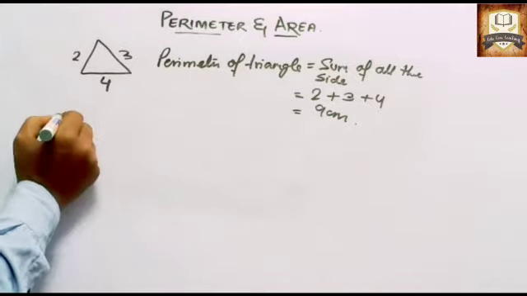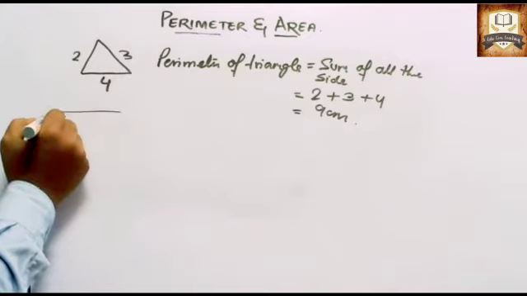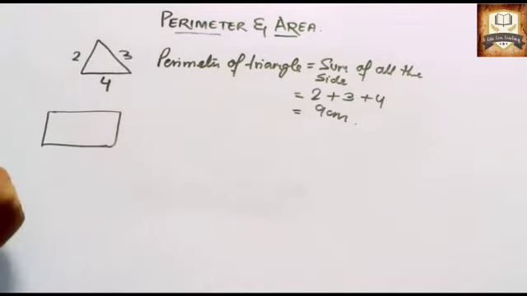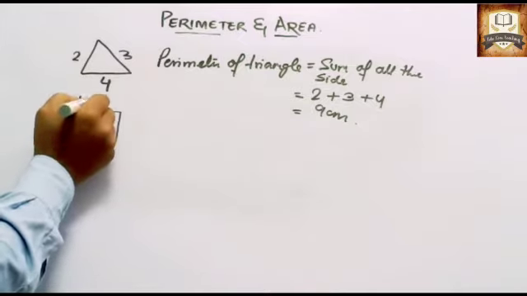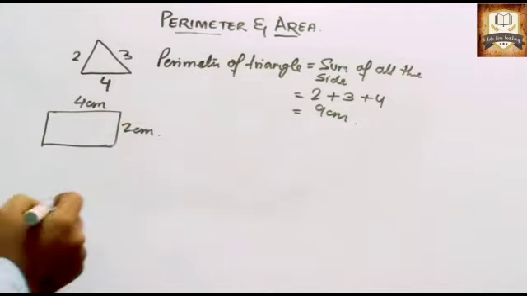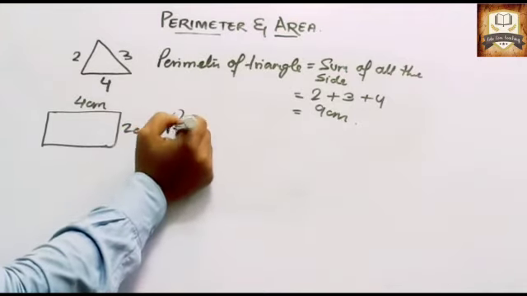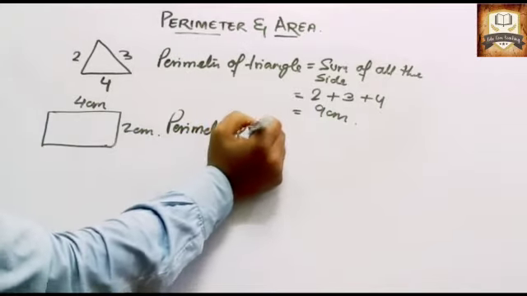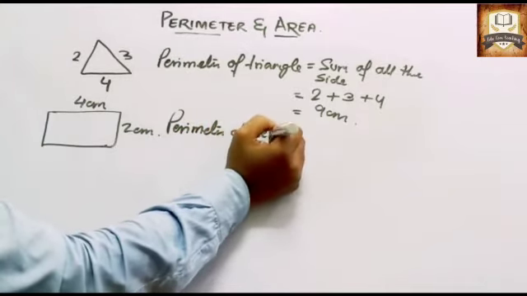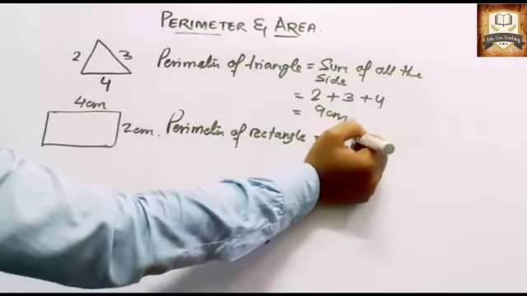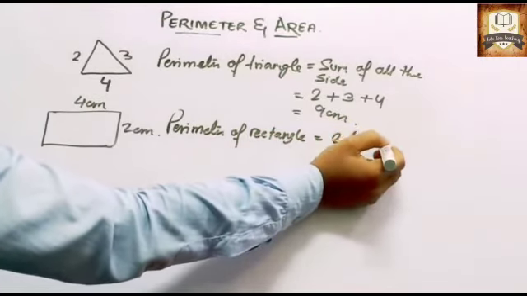Now come to the next one. This is a rectangle. Here is 4 cm and this one is 2 cm. Now perimeter of a rectangle equals 2 into length plus breadth.